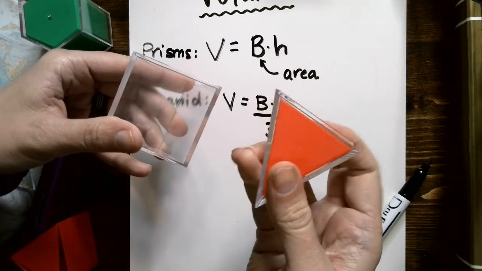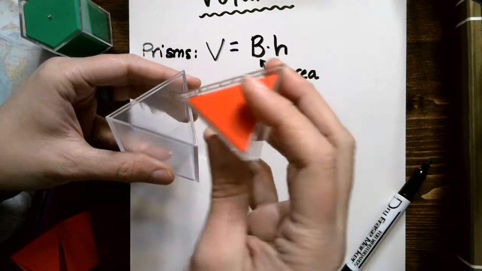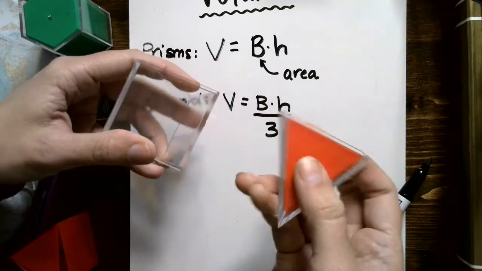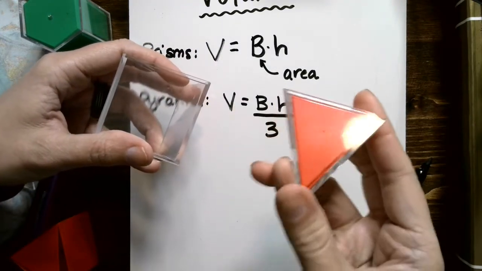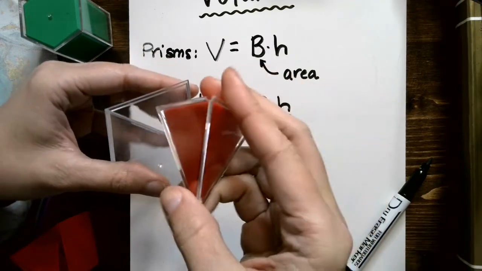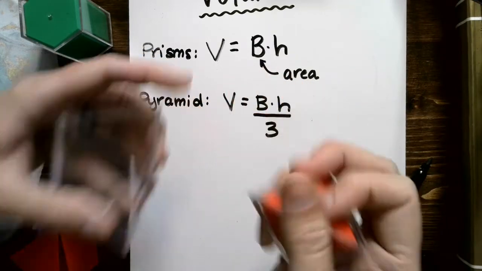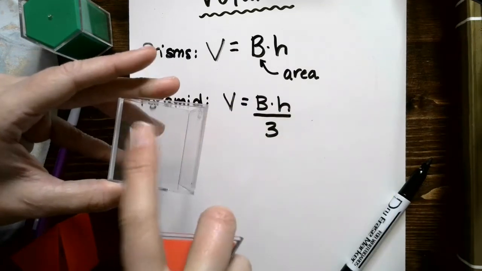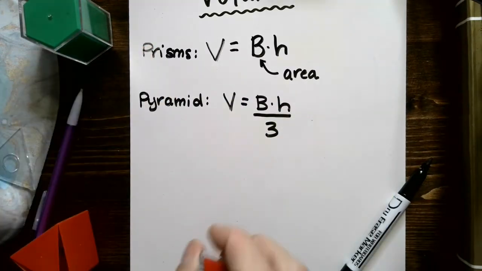Envision if this was filled with water and we dumped it into the triangular prism. It would take 3 of these pyramids to fill up this prism. So the pyramid is exactly 1/3 of this prism. That's why we divide by 3.